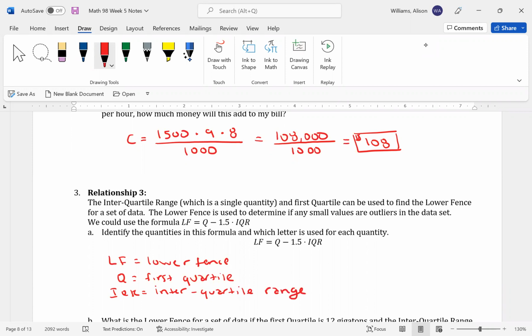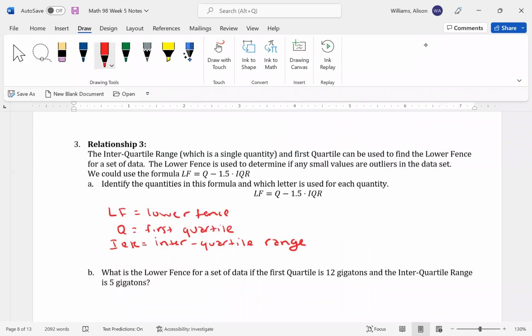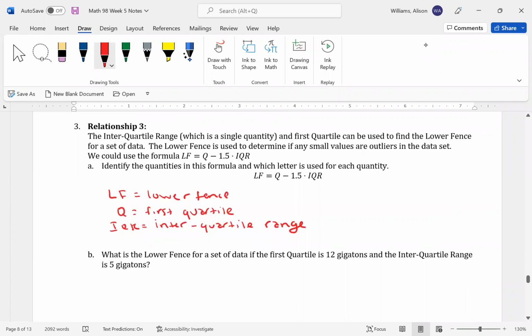So what is the lower fence for a set of data where the first quartile is, oops, sorry, it's not scooching up. First quartile is 12 gigatons and the interquartile range is 5 gigatons. Okay, well, let's see. So LF equals, okay, first quartile is 12 minus 1.5 times 5, for the interquartile range.